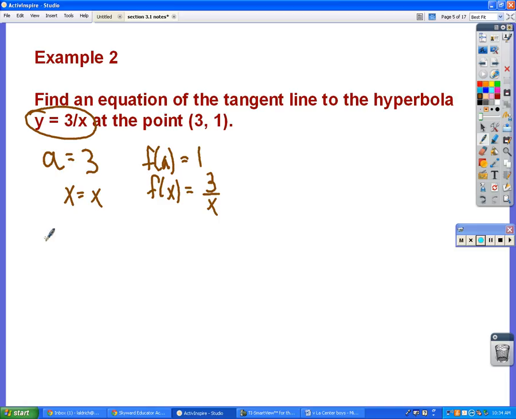Okay, so now I'm going to take the what? The limit as x approaches 3.